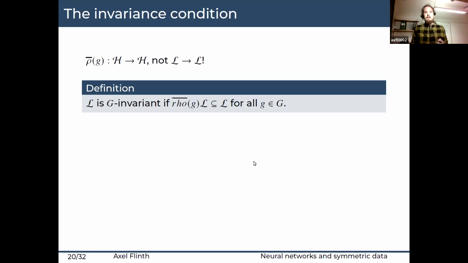It's not necessarily so that if I take an admissible weight and apply my transformation to it, I get something in my admissible weights. So these affine subspaces are somehow special, and we define them as being G equivariant.